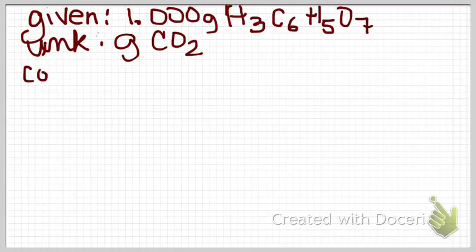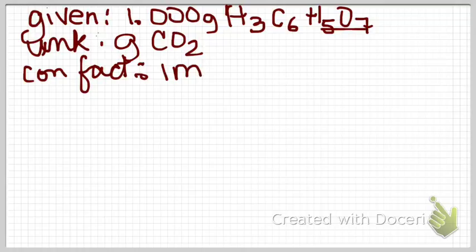So for our first conversion factor, it is going to be for every 1 mole, because all we care about is the citric acid and the CO2.